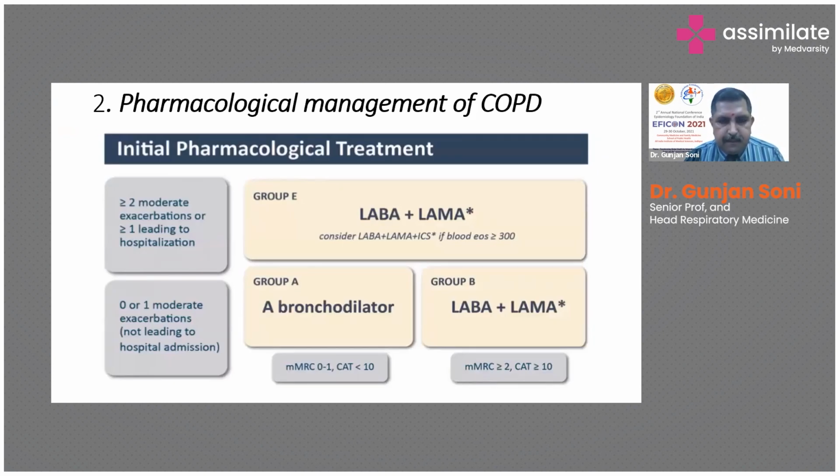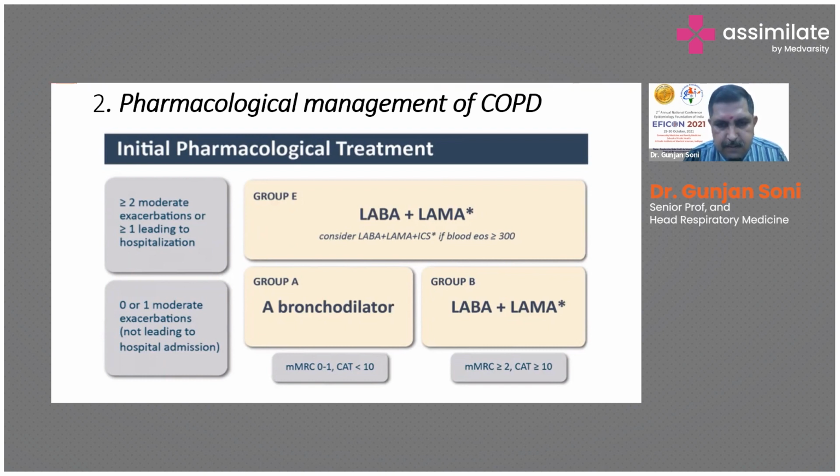Now we have very good drugs available. As we have seen, now how to treat a patient of group E. If the exacerbations are more than 2, or any exacerbation, if it is more than 1 leading to the hospitalization, that is group E. We use the LABA and the LAMA.